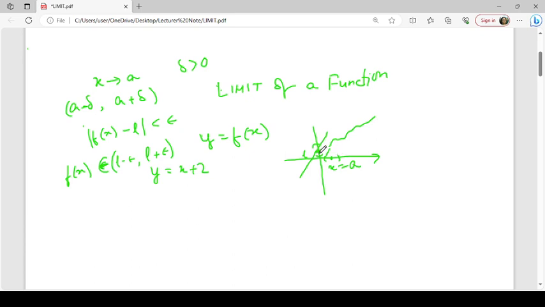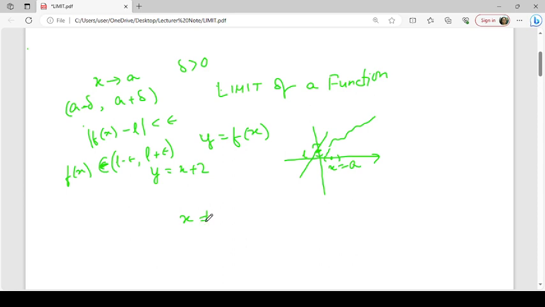Graphically we are saying that L is the limit of f(x). This is the limit. It means x approaches a, but one important thing: x is not equal to a.